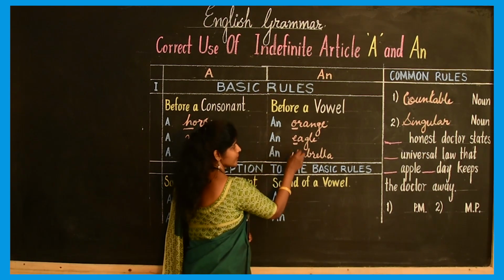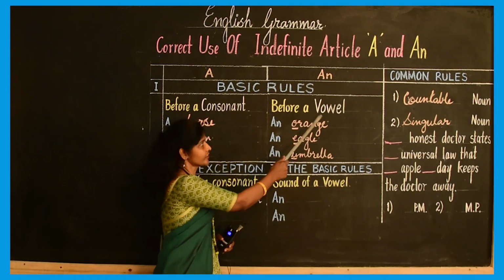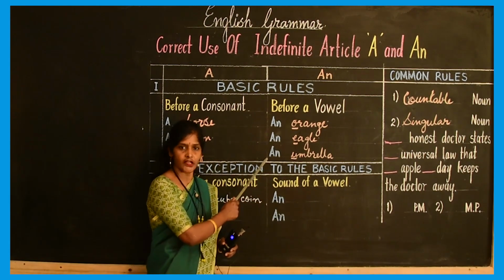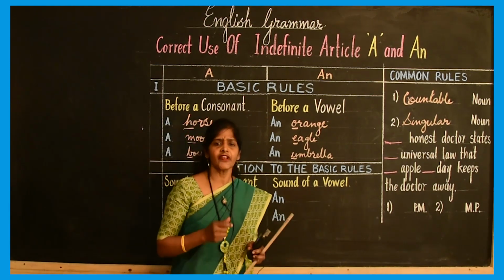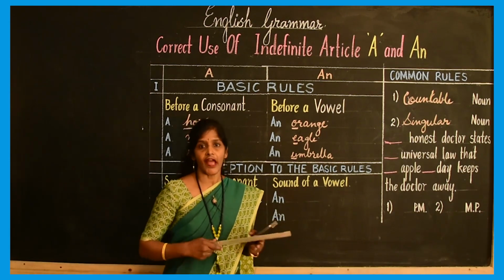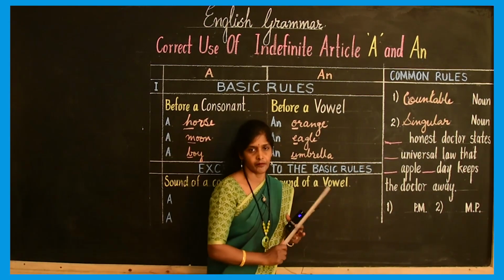So here you notice that the first alphabet is a vowel and therefore we have used the article an. Now remember one thing, whenever I say a word, it actually means a countable singular noun.